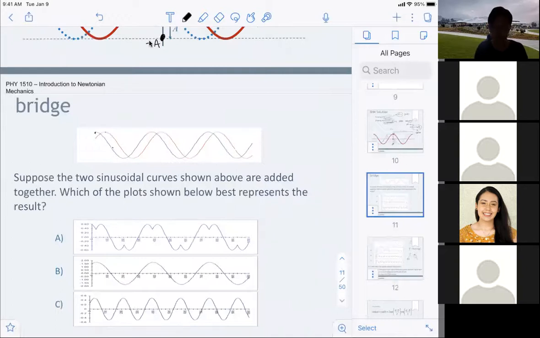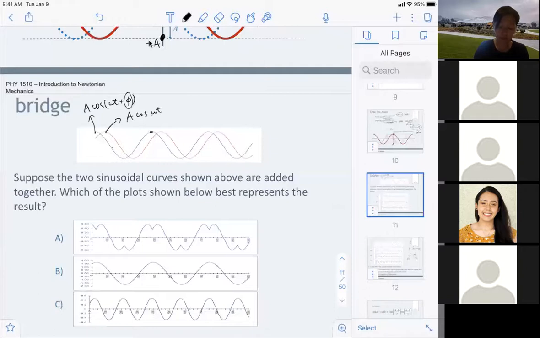So we can call one of them a function that looks like cosine omega t, and the one that's lagged a little behind, we can call cosine omega t plus phi. The difference between the two signals we're trying to add together is only a phase shift, because they have the same amplitude.